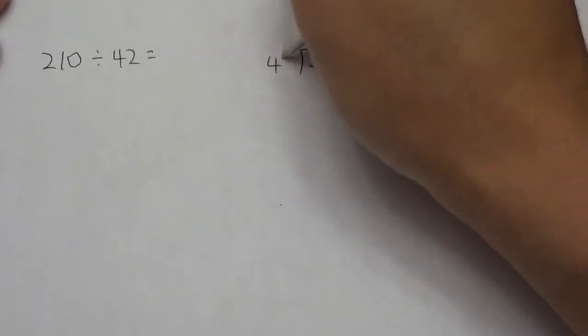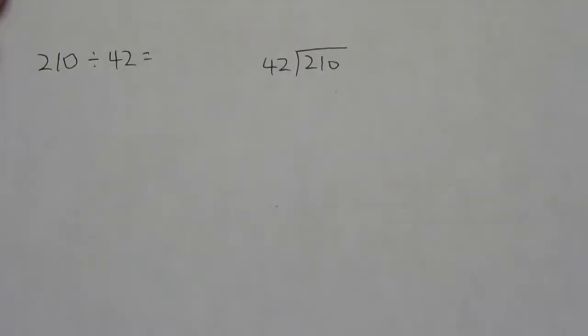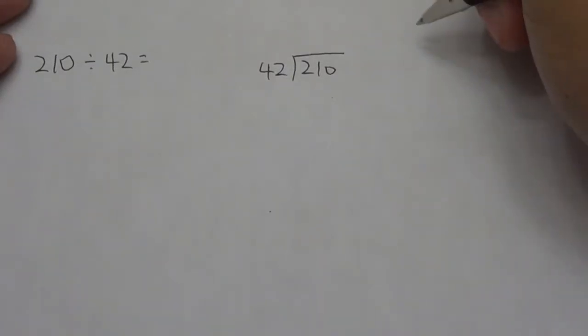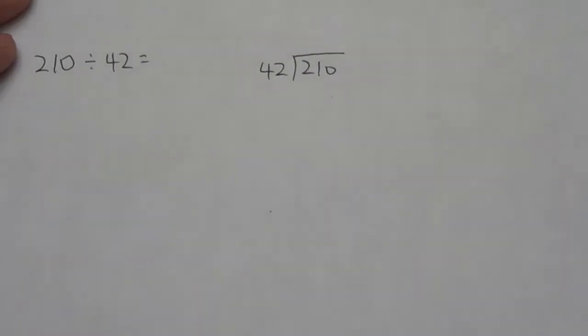So let me set this up first. 210 divided by 42. Now, the simplest method, which is probably also the longest method, is skip counting. I simply list out the multiples in sequential order.